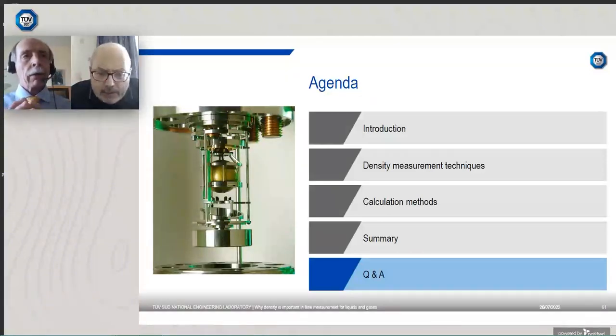Is sampling an offline measurement good enough to calibrate an online or inline densitometer? Not to calibrate. You could use it as a verification technique, because if you're trying to get a calibration, let's say, to better than 0.1% of your inline instrument, say you're looking to get to 0.05%, then your sampling and offline measurement has to be of a similar or better level.